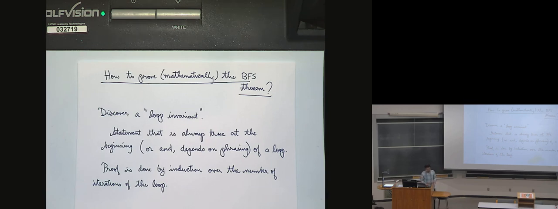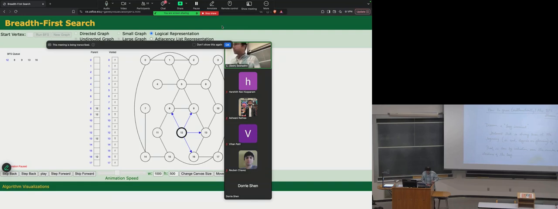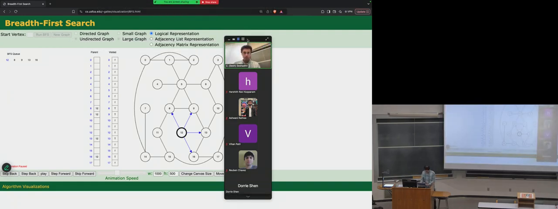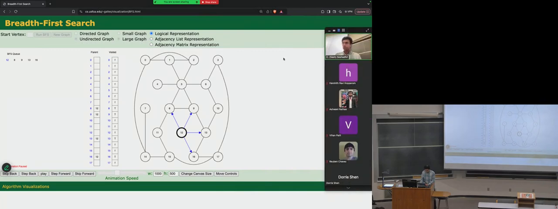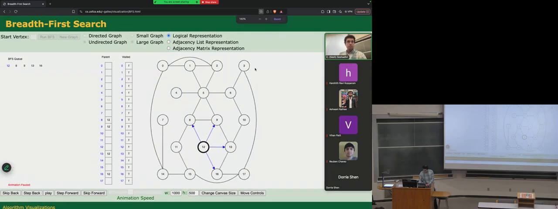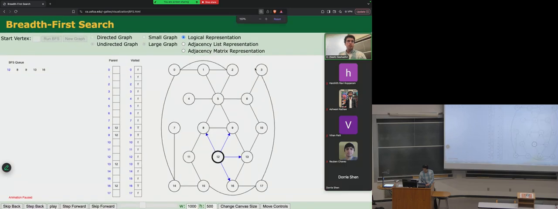I wish I could have the document camera and the laptop on at the same time, but that won't work. Okay. Let's move this out of the way. Okay, can everyone see that? Let me see if I can make it a bit bigger. And I'll share the link with this.